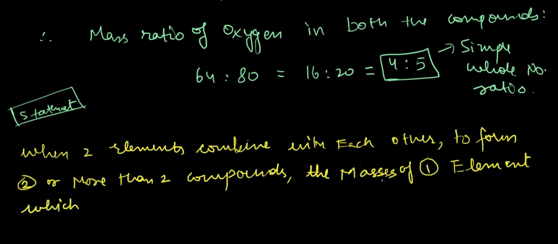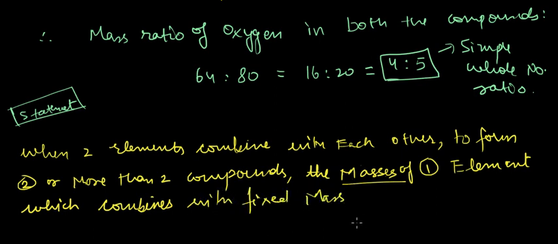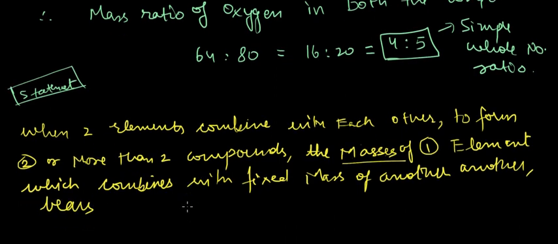So now I'm talking about oxygen here, the masses of the one element which combines with a fixed mass of another element. The fixed mass we are talking about is the nitrogen. Fixed mass of another element bears a simple whole number ratio. This was the statement for the law of multiple proportions.